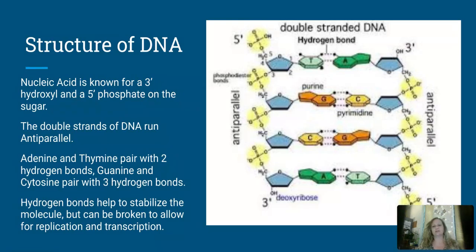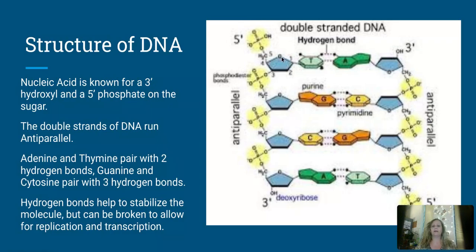DNA is structured in such a way that the orientation of the pentose sugar, that 5-carbon sugar, matters. So if you take a look at our diagram here of our carbohydrate, here is an oxygen.